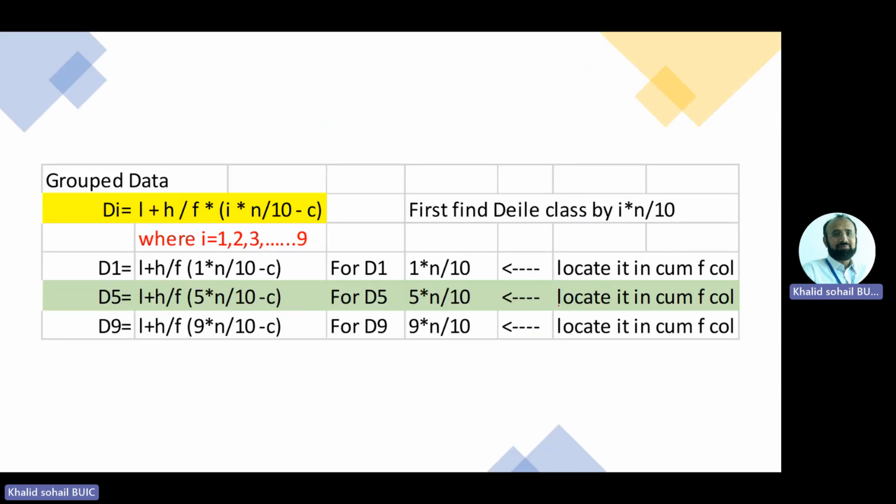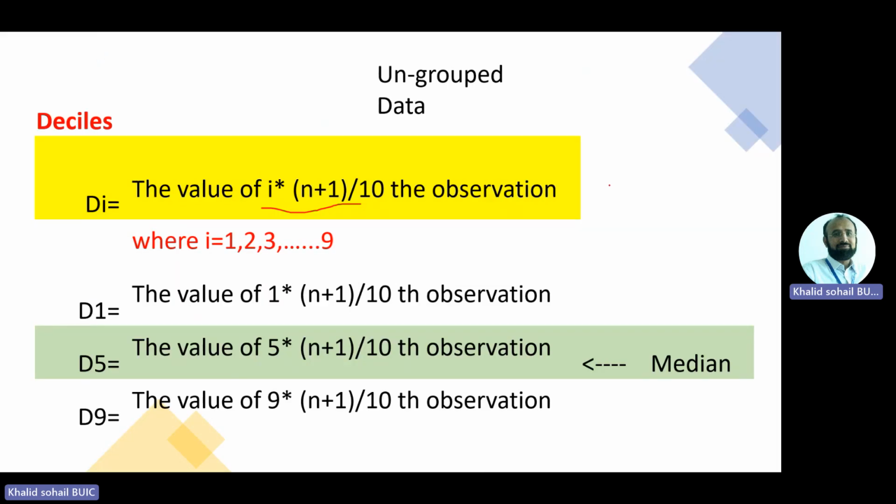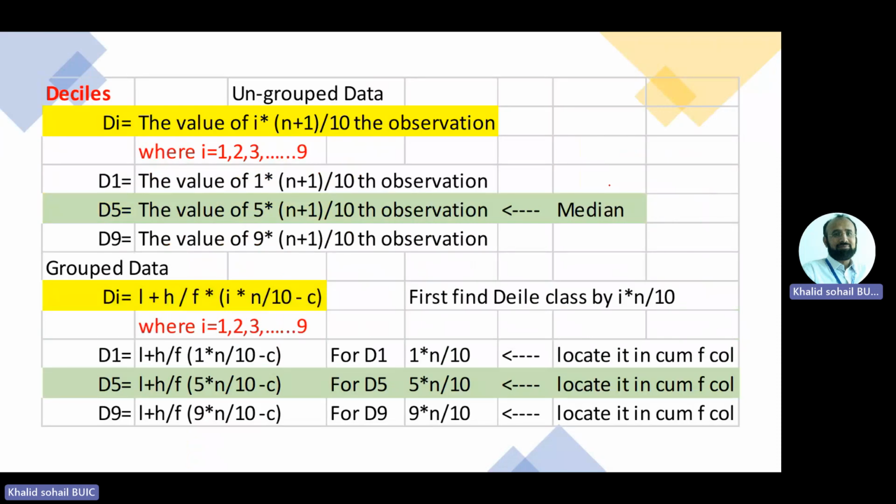For grouped data, again, it is the same formula that we have used for the median as well as for quartile. The difference is that to find the decile class, we use i times n by 10, where we have i with different values.